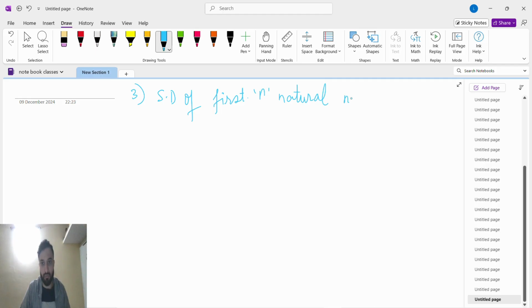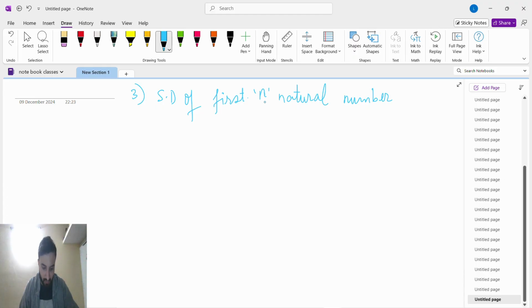Standard deviation of first n natural numbers means, for example, the standard deviation of first 10 natural numbers or first 9 natural numbers, both are the same.